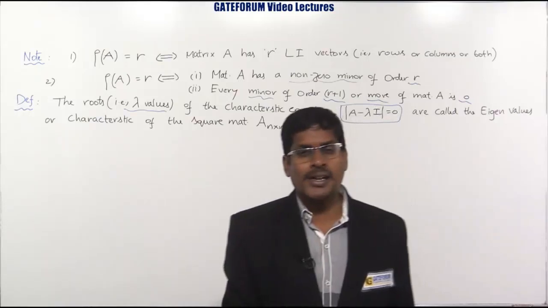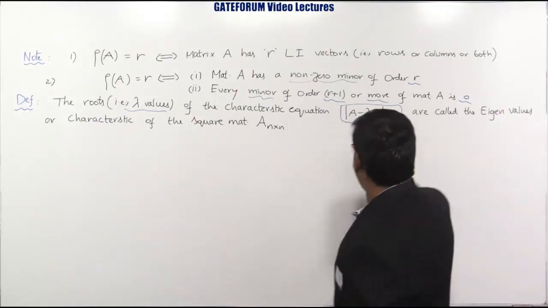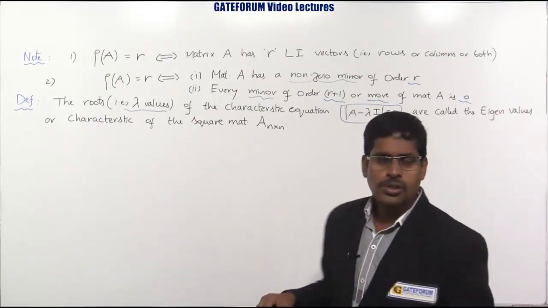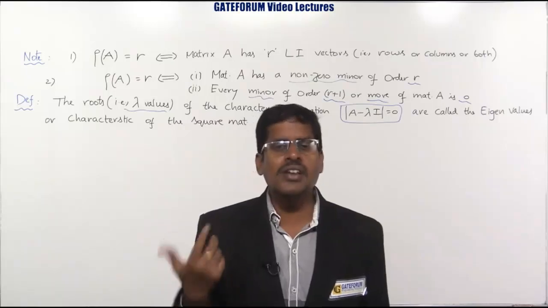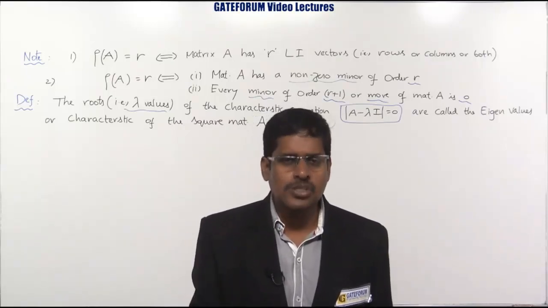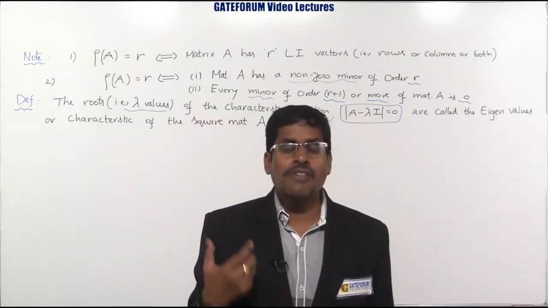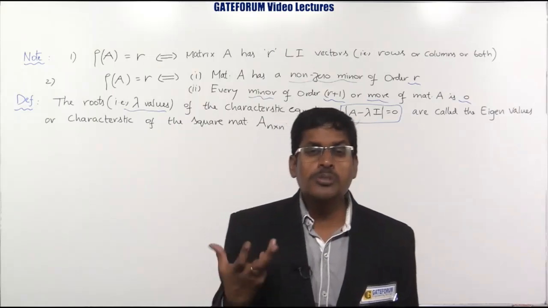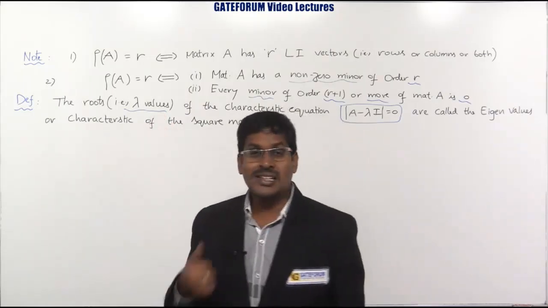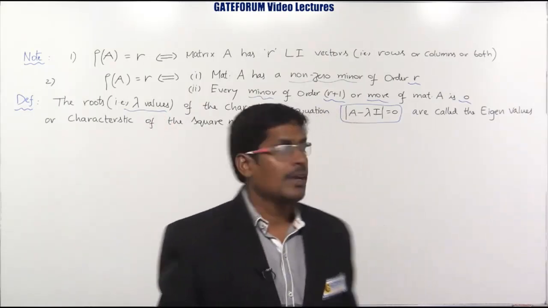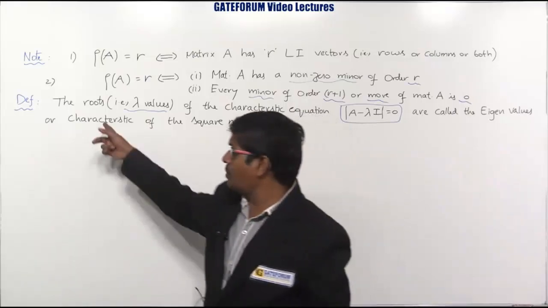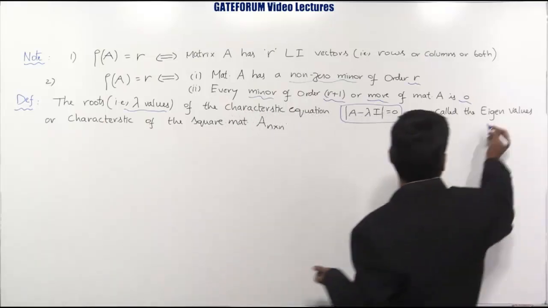You know how to expand the determinant of a matrix. After expanding, equate to 0, which gives an equation in lambda. Such an equation is called the characteristic equation. Every equation has roots, and here roots means lambda values. Such lambda values have a special name, eigenvalues, with another name, characteristic roots.